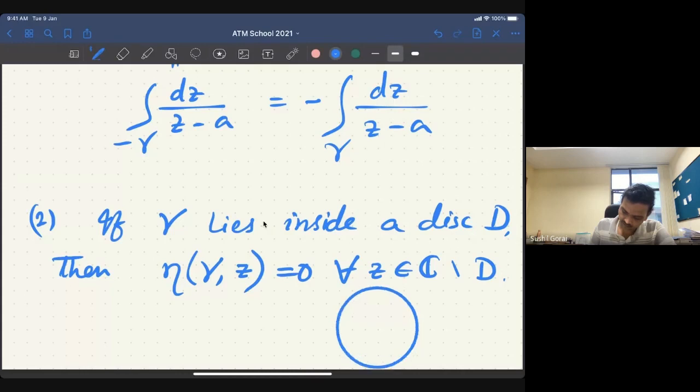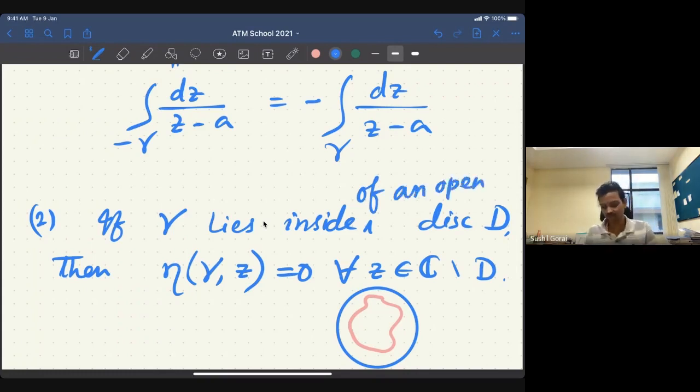This is a disk and gamma lies inside of an open disk.